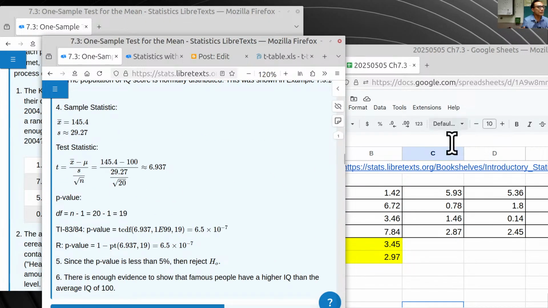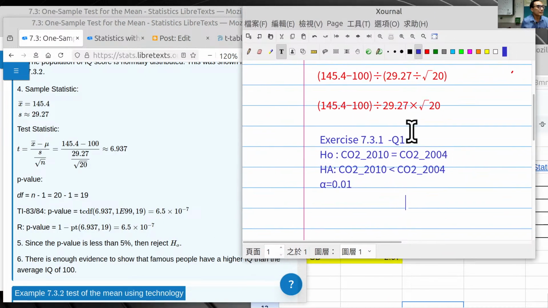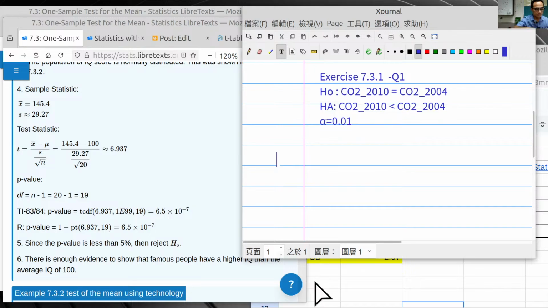The t-value looks like this: t equals x bar minus mu, divided by the sample standard deviation s over the square root of n.